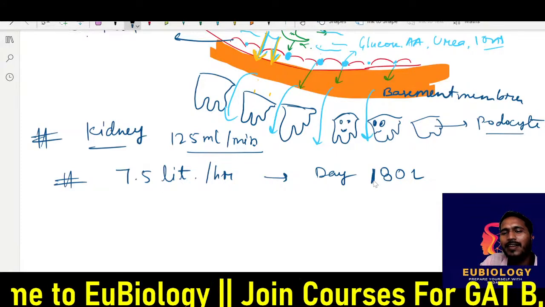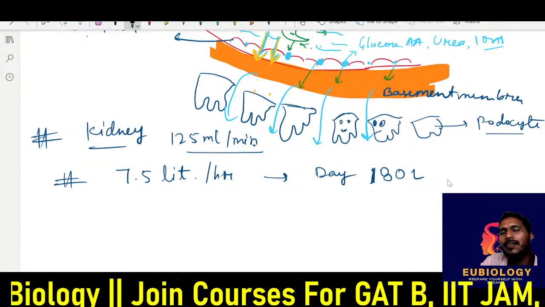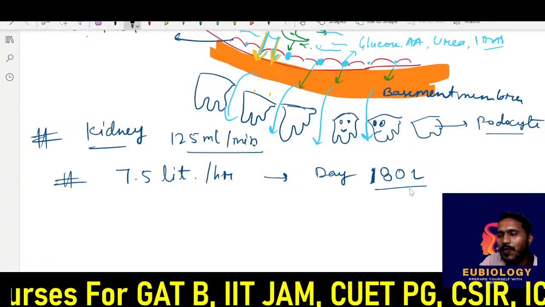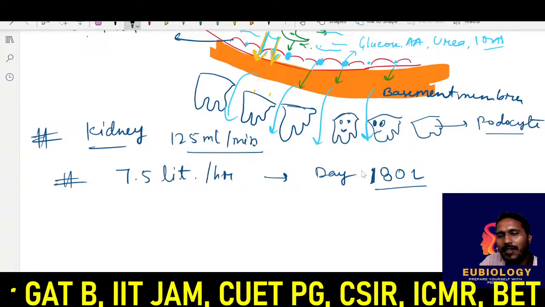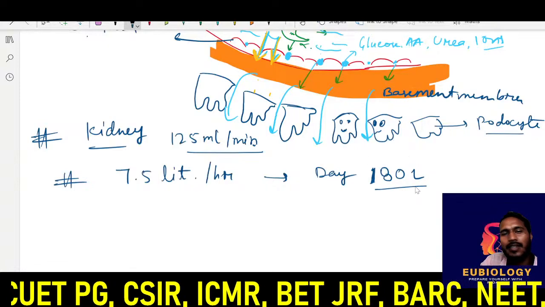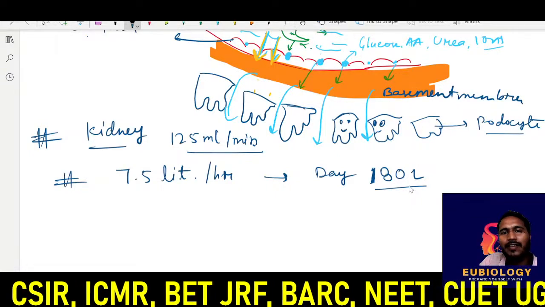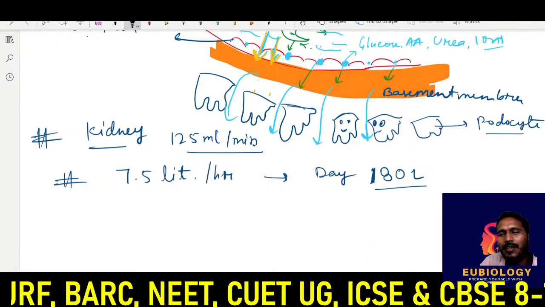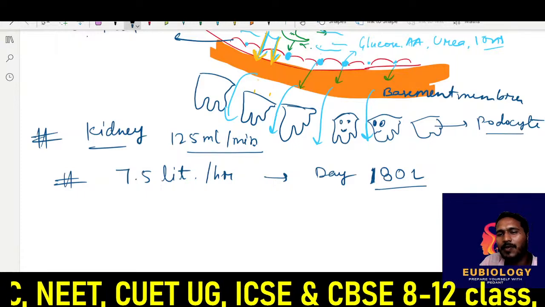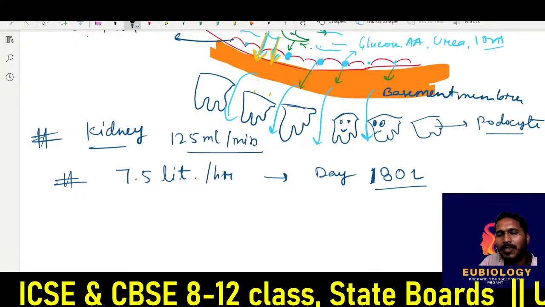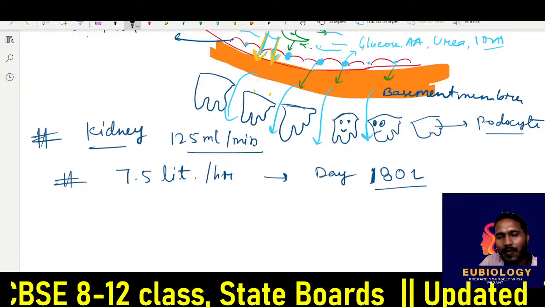And we have only 5.4 liters of blood. Are you drinking 180 liters at any time? No, no. So how can you release this much? And if anybody released this much, they would not survive; they would die. Then what is the purpose of making this 180 liters?